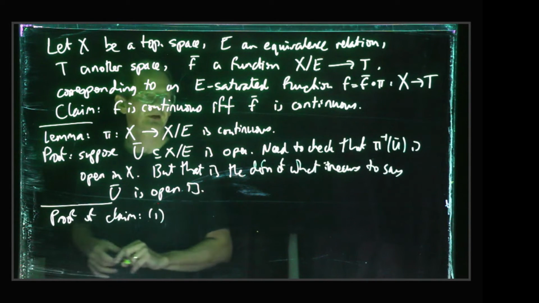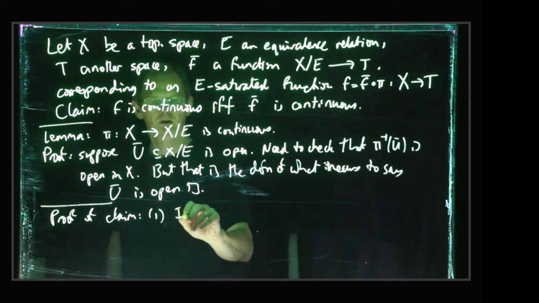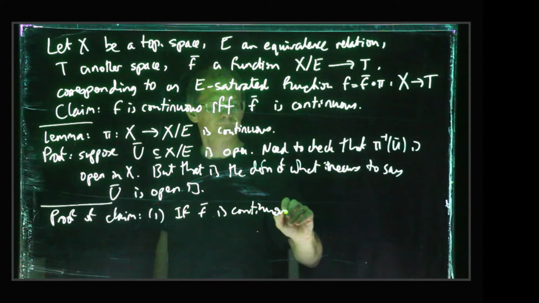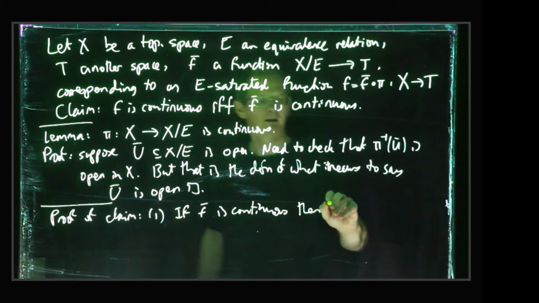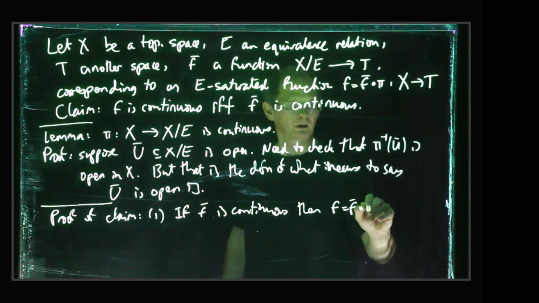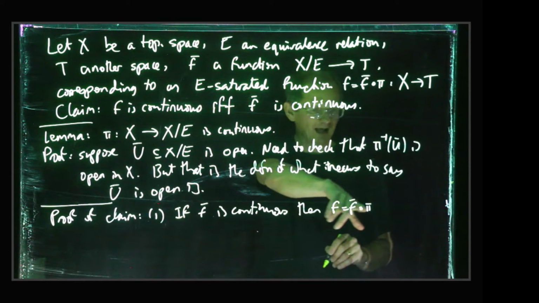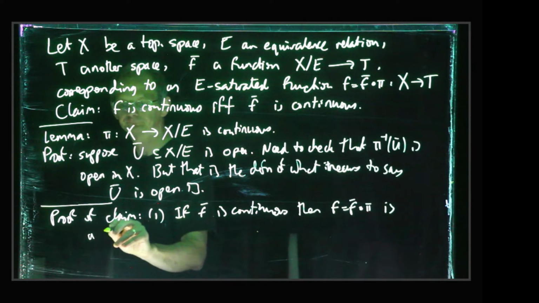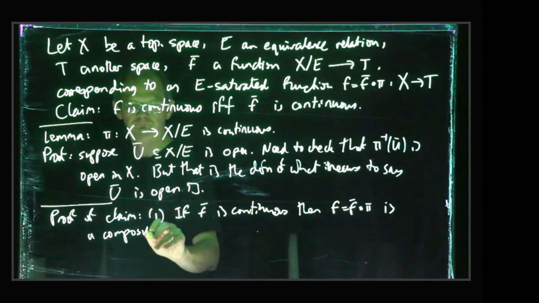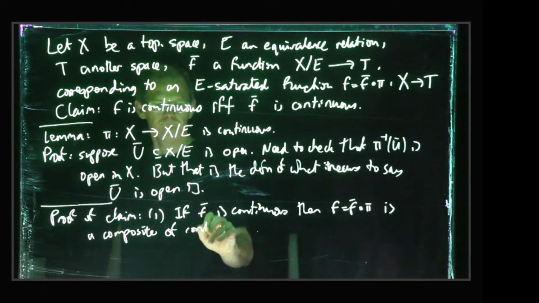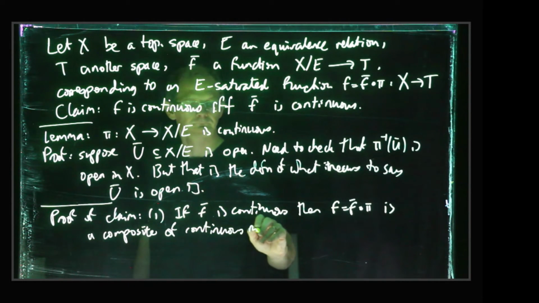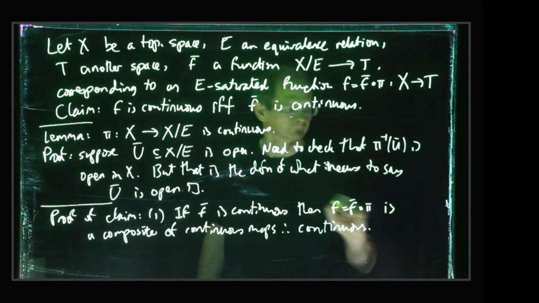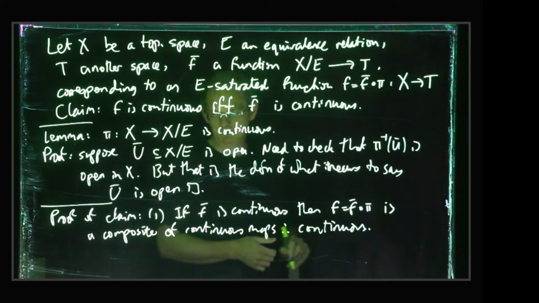So one way around is now completely clear. If f bar is continuous, well, this f was defined to be f bar composed with pi, and so that's a composite of continuous maps, therefore it's continuous.